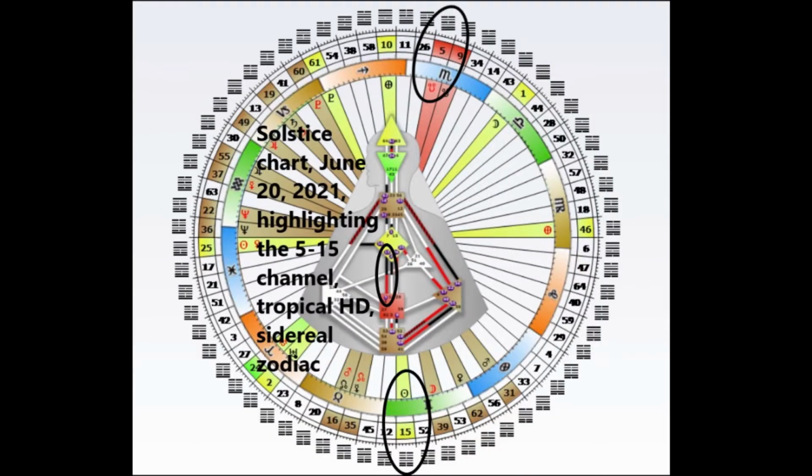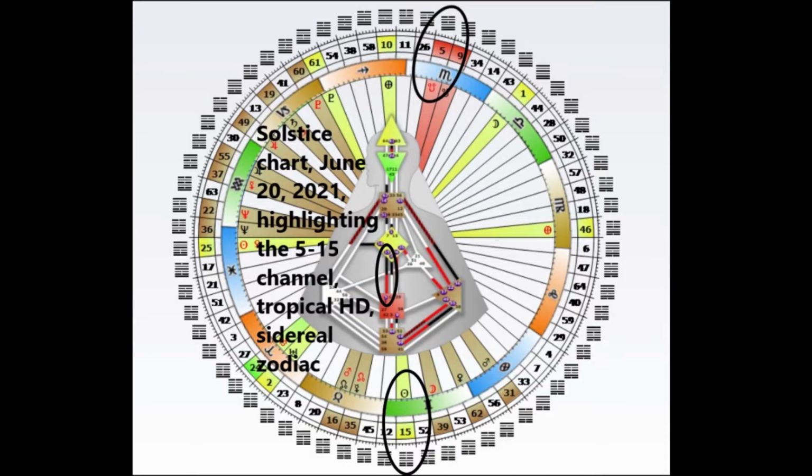And then either center on either end of that channel will also be defined. And so this one connects the G center, or what I call the heart. It's right in the center. It represents love and our sense of self and identity, as well as the sacral center, which is in the chart I'm showing you, a red square. The heart is the yellow diamond.